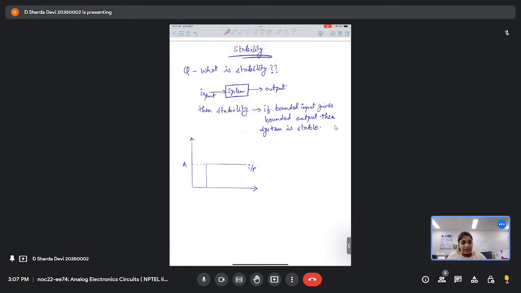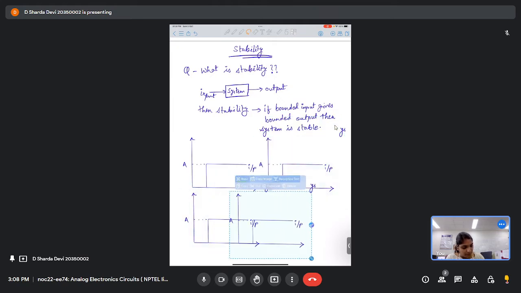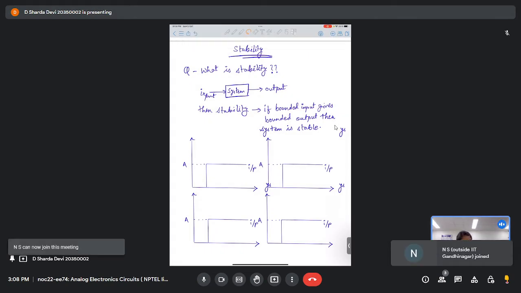It can have different types of output, right? Let's see what are the different possibilities that we have for these four cases, and let's check the different possibilities for output, okay?